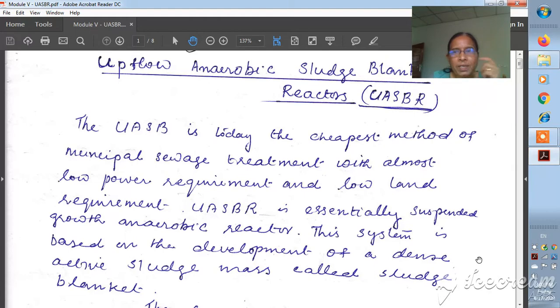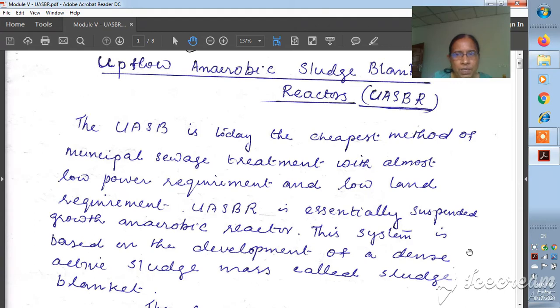We have already learned different types of units: trickling filter, activated sludge process, then oxidation pond, oxidation ditch, aerated lagoon, etc. Out of these, trickling filter, activated sludge process, and the oxidation ditch are purely aerobic in nature.